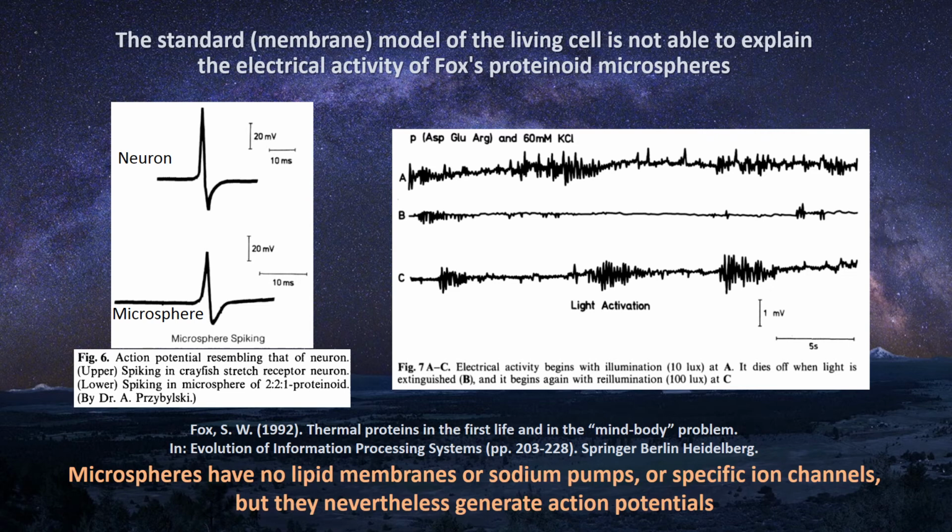With respect to living cells, theories were published on formation of the action potentials based on sorption and ion exchange properties on the living cell surface, but the scientific community pays no attention to them. From the point of view of the sorption theory of action potential, Fox's microspheres is an appropriate model of the living cell.